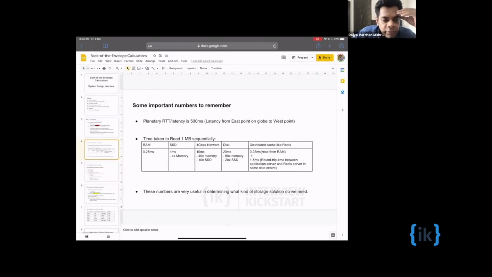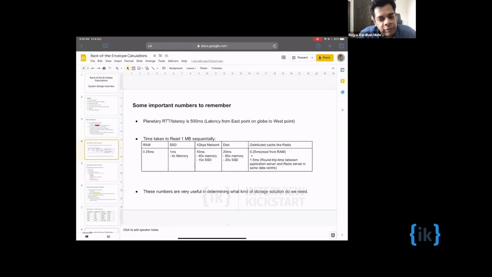So if you look at the numbers, reading 1 MB of data from RAM sequentially takes 0.25 milliseconds. From SSD, it takes 1 millisecond. Right? So RAM and SSD are not very far. And again, these are not exact numbers. These are your mileage may vary kind of numbers, but we don't need to bother about it.